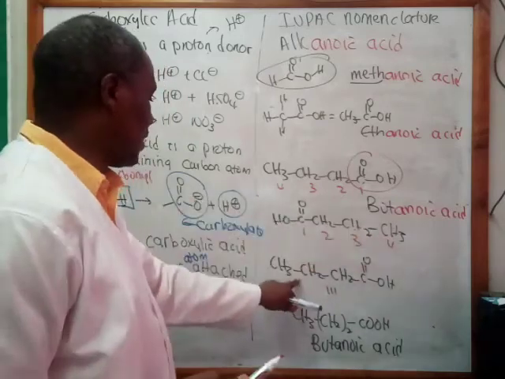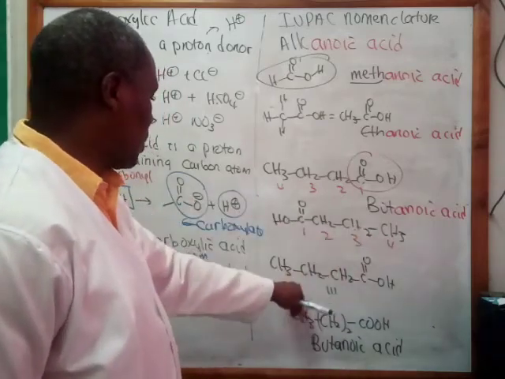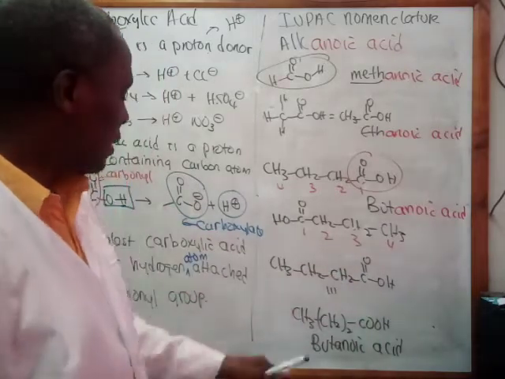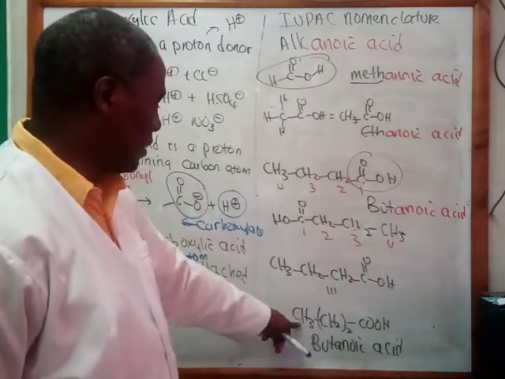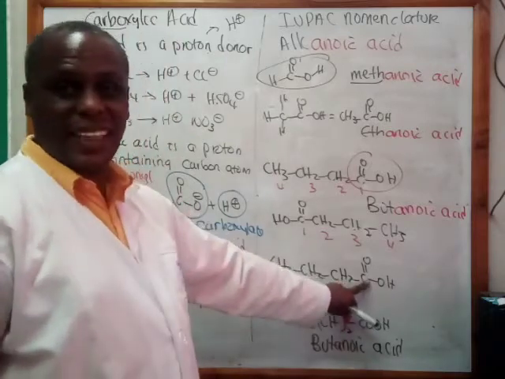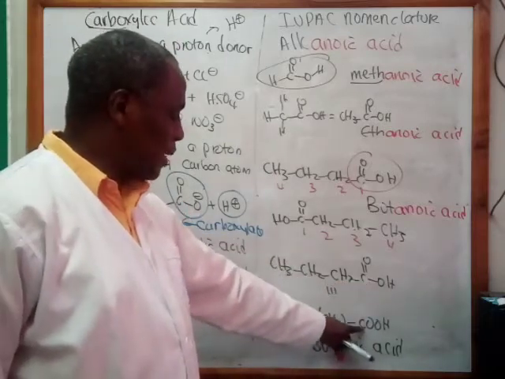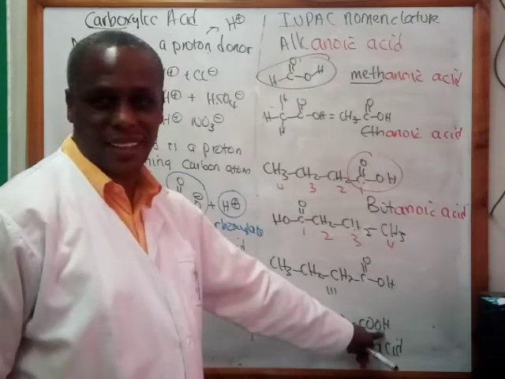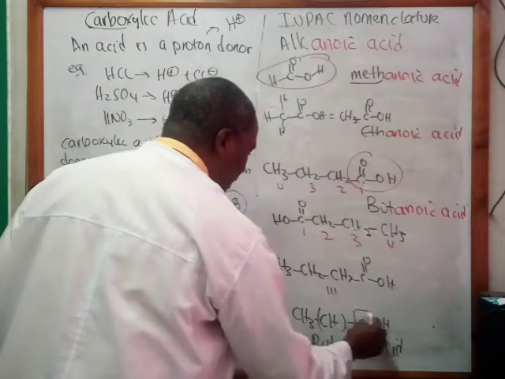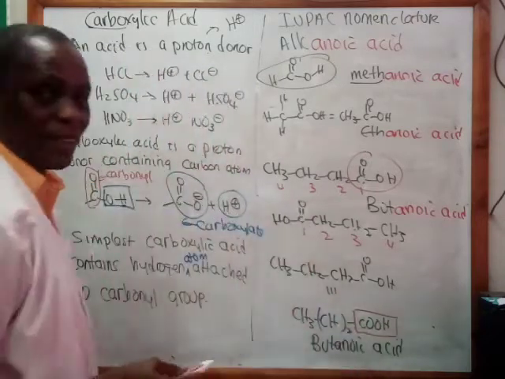This can also be drawn like this: CH3, CH2. The structure of butanoic acid can be simplified to my CH3, these 2 CH2s, and then the carboxylic acid, which can also be summarized as COOH. So you can see in some books, they show the carboxylic acid as COOH.